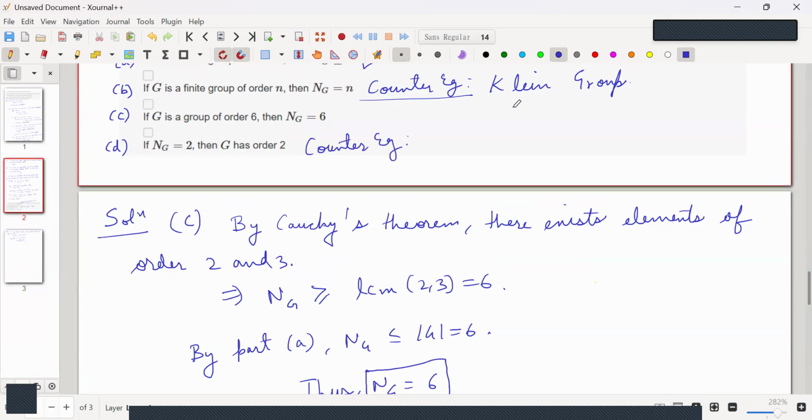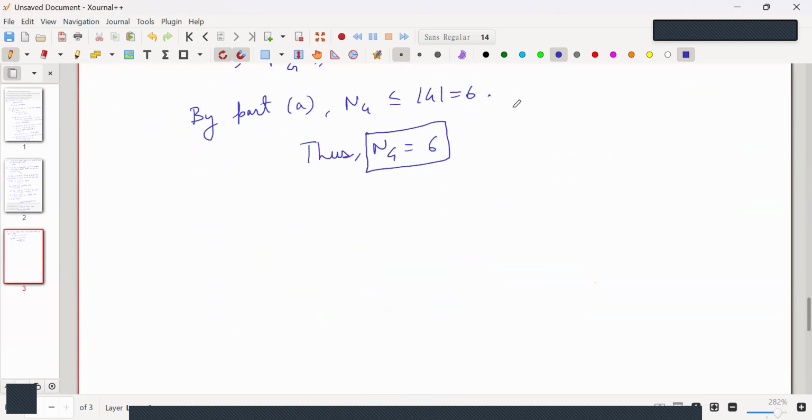For example, it is again the Klein group. Okay, so if it is clear, then let's move to the next part.